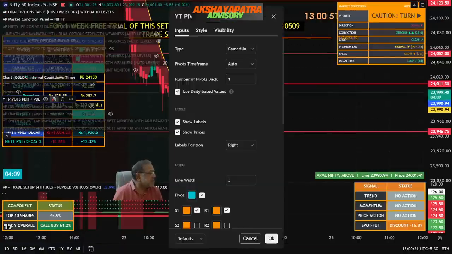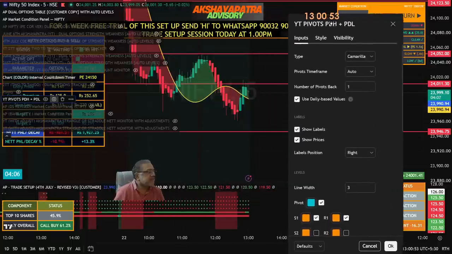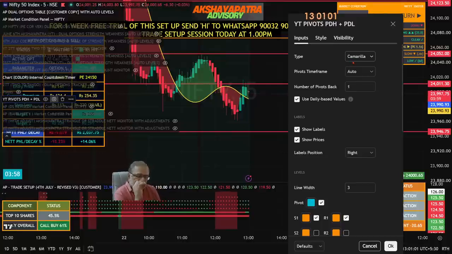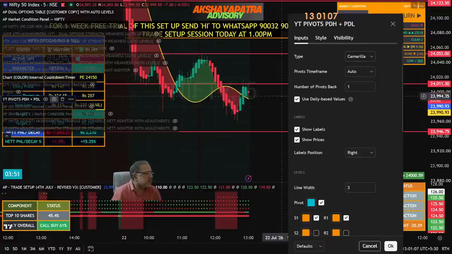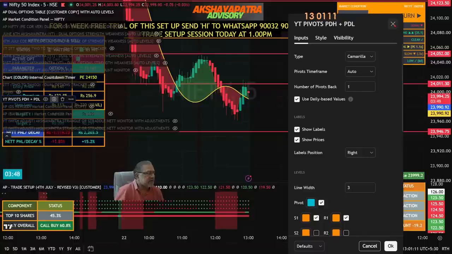But otherwise, what we have found is for intraday, using Camarilla pivot is the best. You can go back and check our videos. Most of the days, those lines will be held perfectly from below, above, etc. Day before yesterday also you saw those two lines. It was exactly below. So we use that Camarilla.